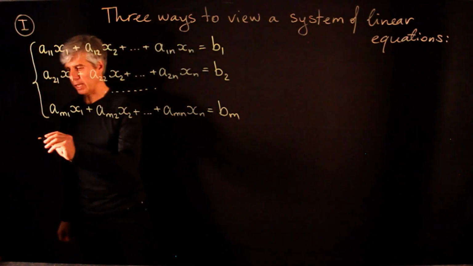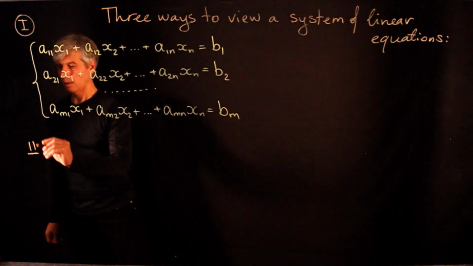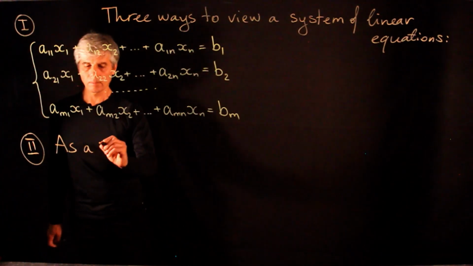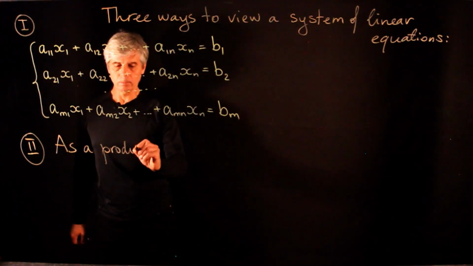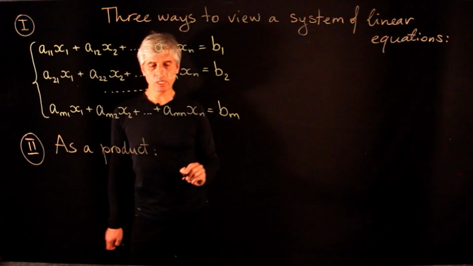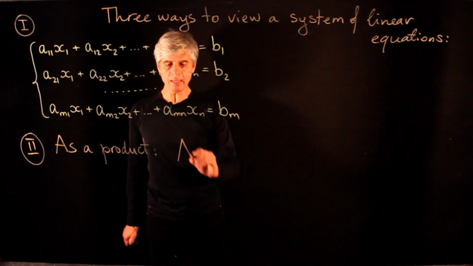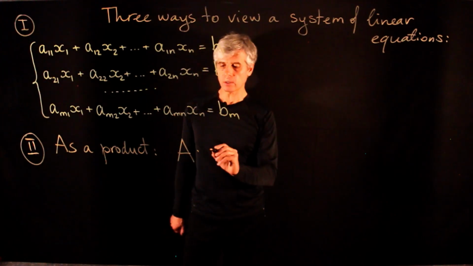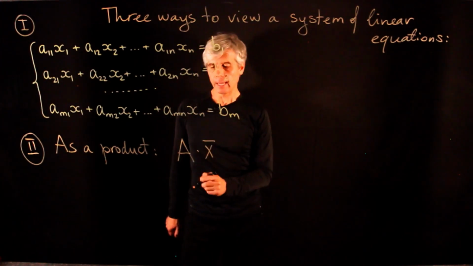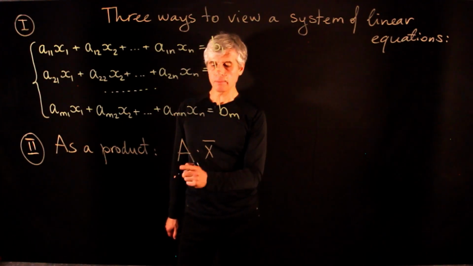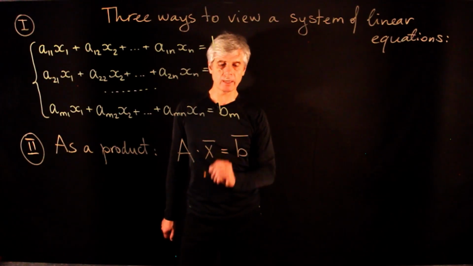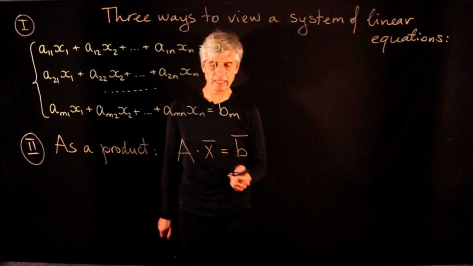The second way is as a product. Here we form a matrix A, and we have the vector of unknowns x, and we multiply a matrix by a vector, and what we get is a vector of right-hand sides.